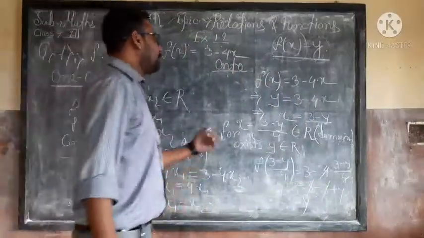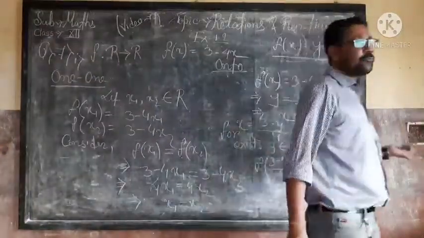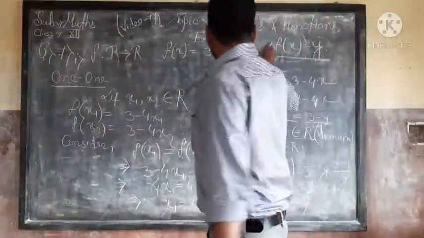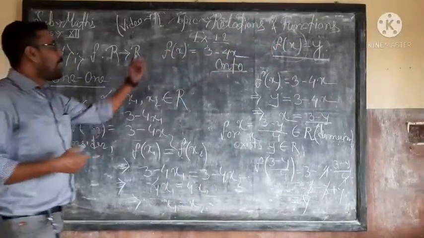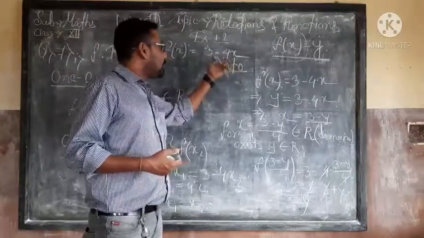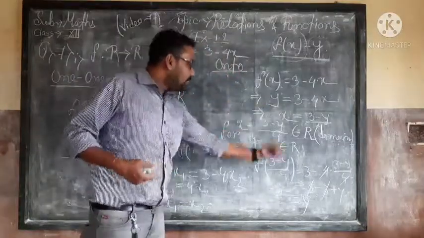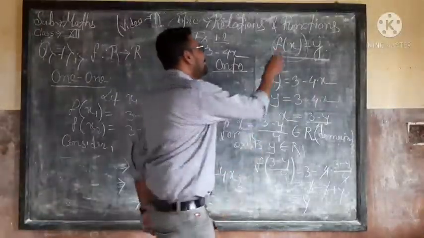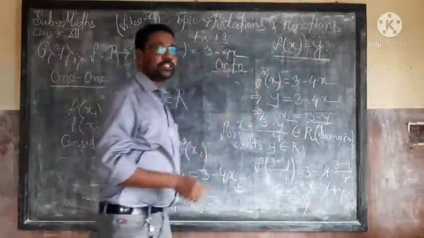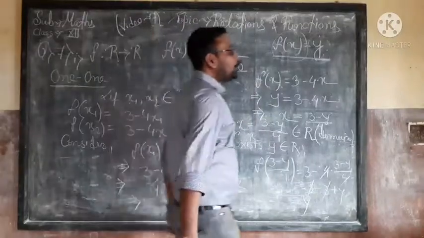After putting the value of x in terms of y in the definition of the function, the final result is equal to y, that means this function also holds the onto property.